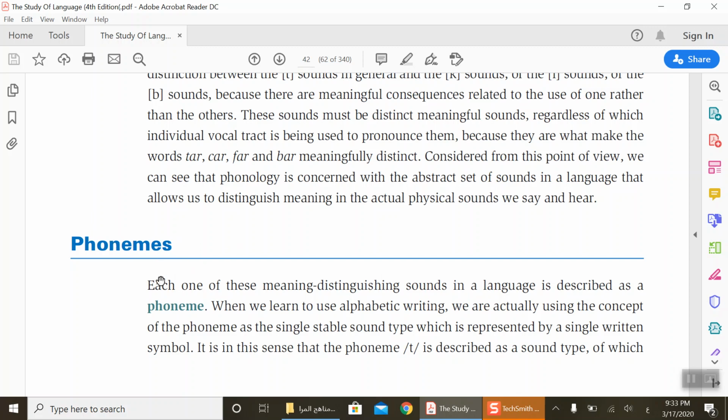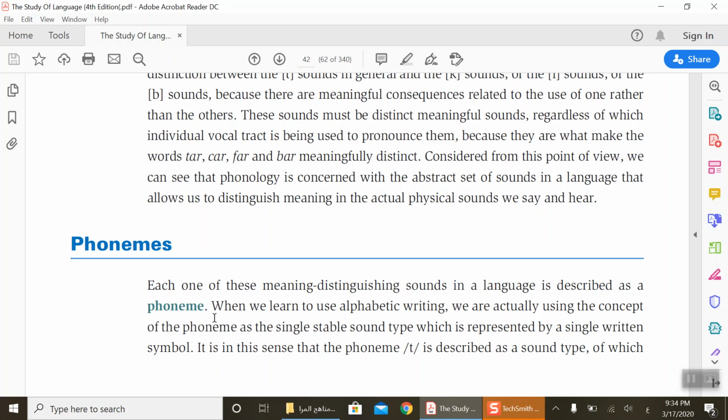We come to phoneme. What is phoneme? Each one of these meaningful distinguishing sounds, meaningful in it, t, k, f, b, in a language is described as a phoneme. Okay, so phoneme is what? Each of these meaningful distinguished sounds in a language is described as a phoneme.